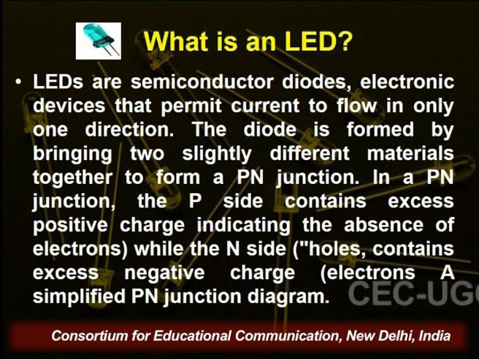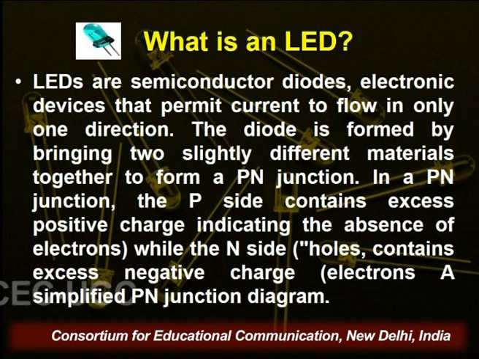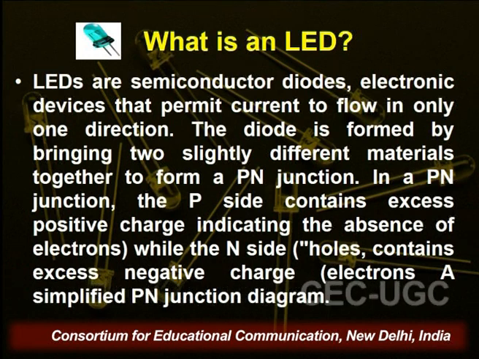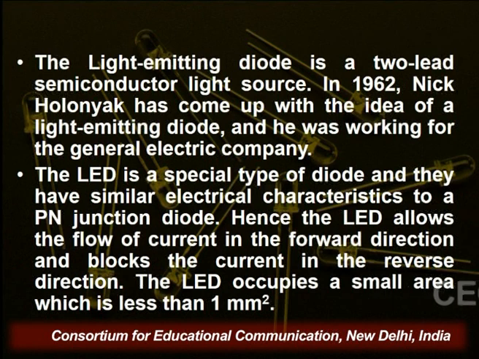Here also, the P side contains an excess of positive charge, indicating the absence of electrons, whereas the N side contains the negative charges and fewer holes. We can see the simplified PN junction diagram further.